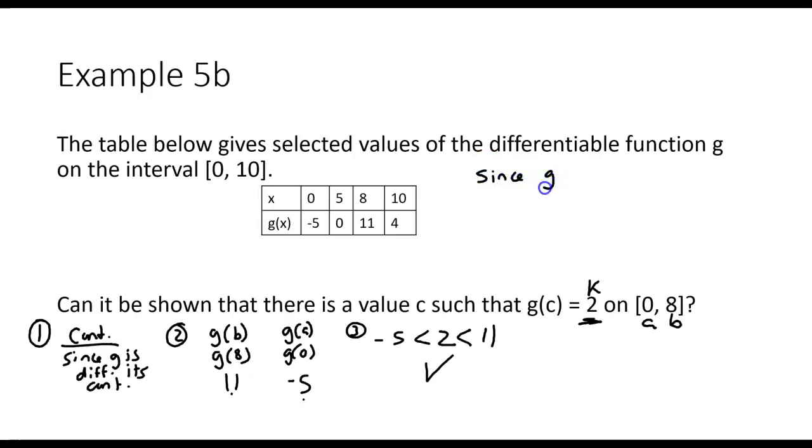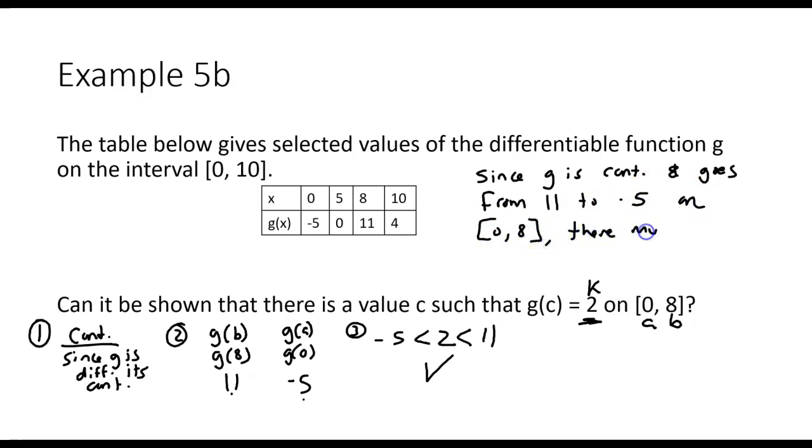Since G is continuous and goes from 11 to negative 5 on the interval 0 to 8, there must be some value C for which G of C equals 2. Okay, so that's a review question from way back in Unit 3.